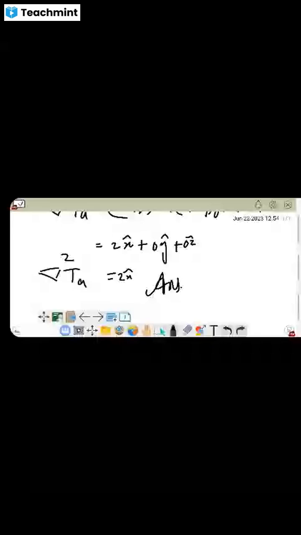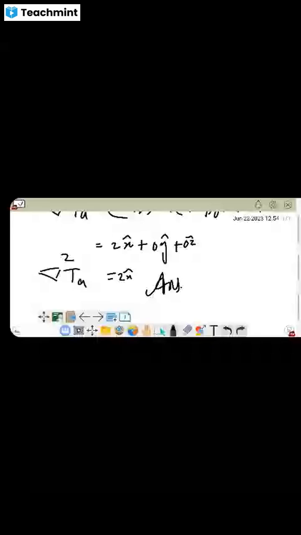What is dl? It is along the position vector, dx into x cap plus dy into y cap plus dz into z cap.